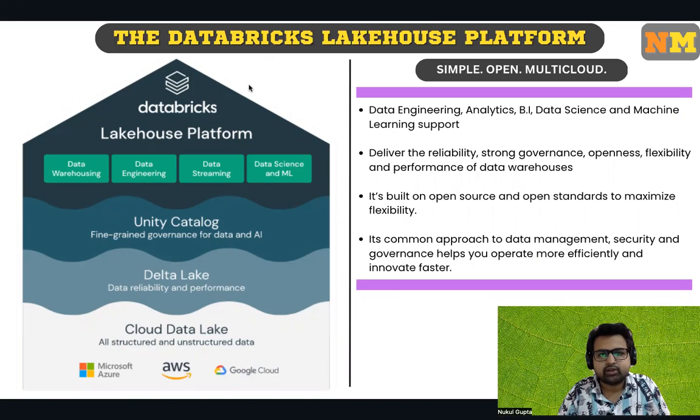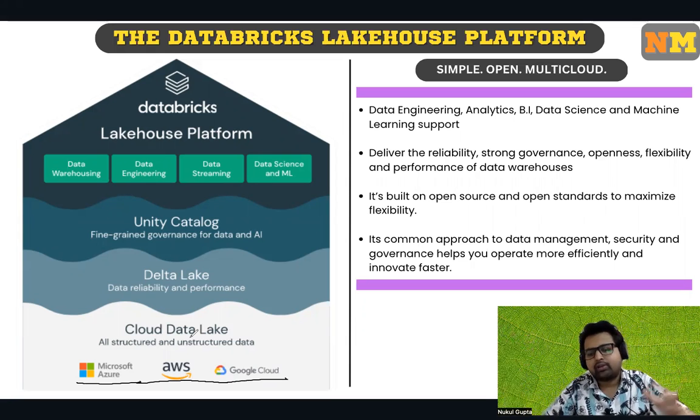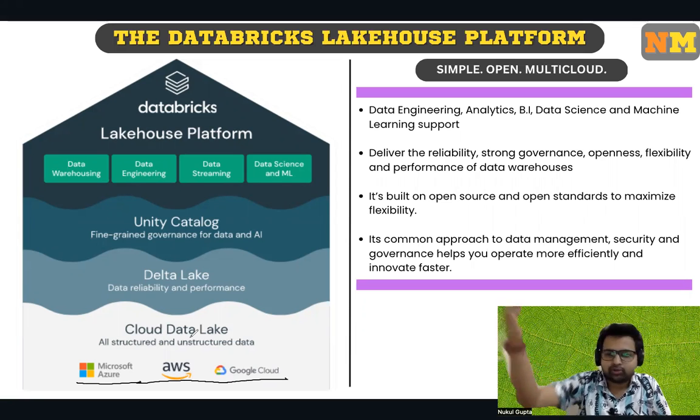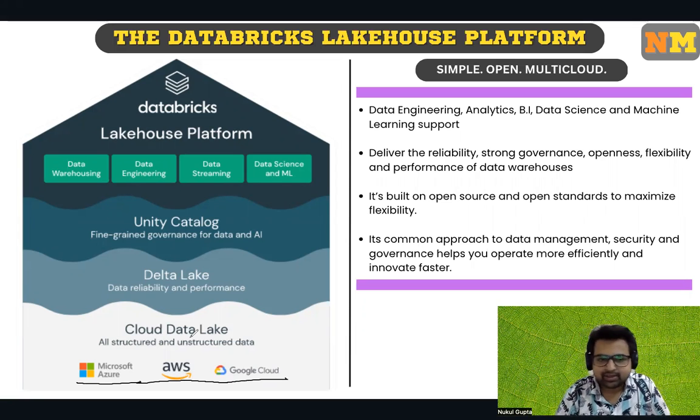This is very clear to us. Let's quickly look into this also. Here we can see we have different clouds. We call it a cloud data lake. Cloud data lake means the data lake is on cloud. You can access that data lake from any part of the world, because it is on cloud, and on any device.